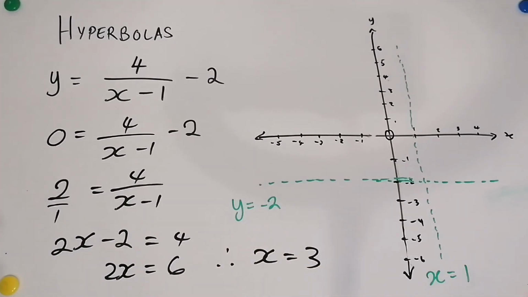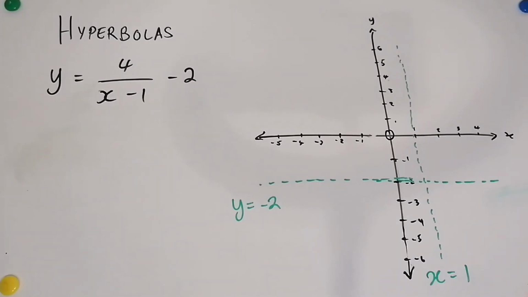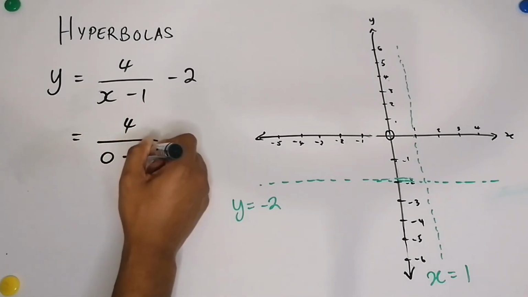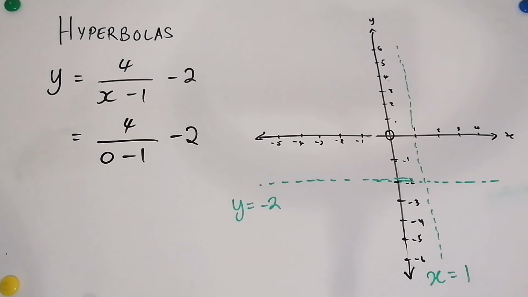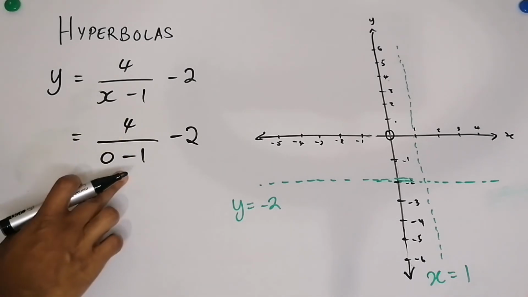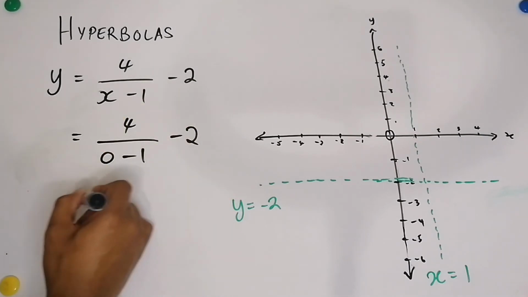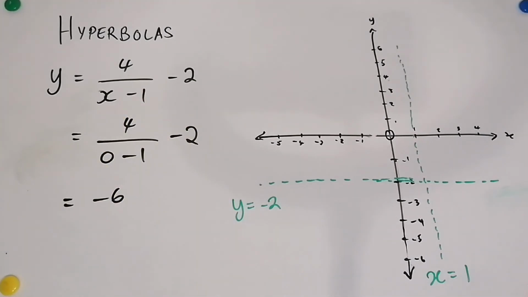So my x-intercept is 3. Now to work out my y-intercept. We start off by making x 0. Then 4 over -1 is -4. If you minus 2 from that, you get -6. So the y-intercept is -6.